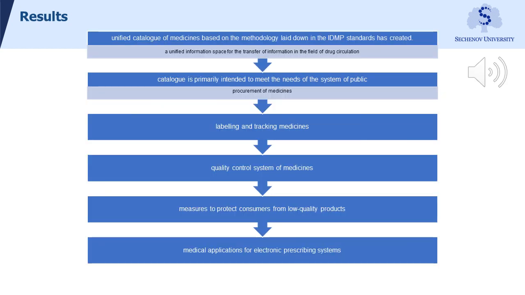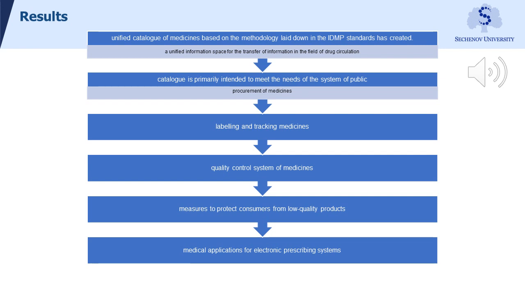The unified catalog of medicines based on the methodology laid down in the principles of IDMP standards allow us to create a unified information space for the transfer of information in the field of drug circulation. This catalog is primarily intended to meet the needs of the system of public procurement of medicines.